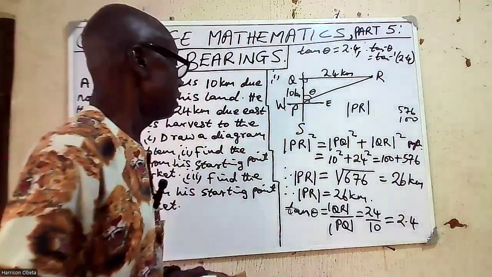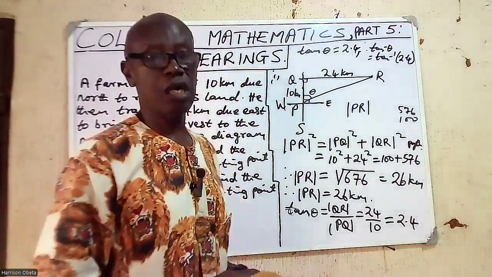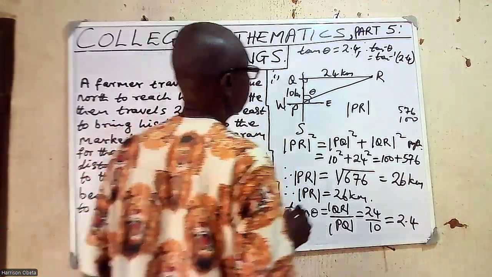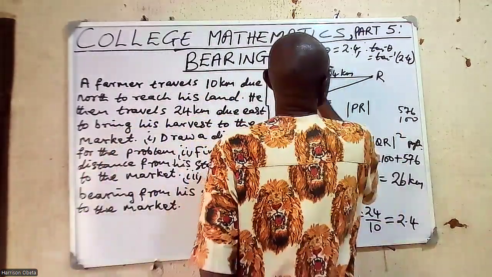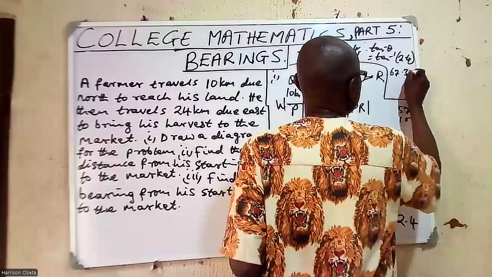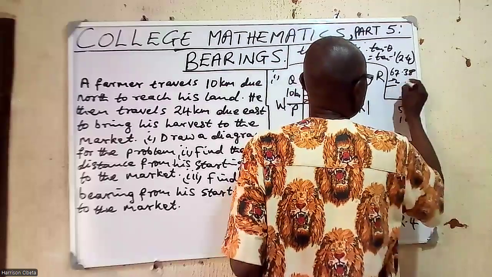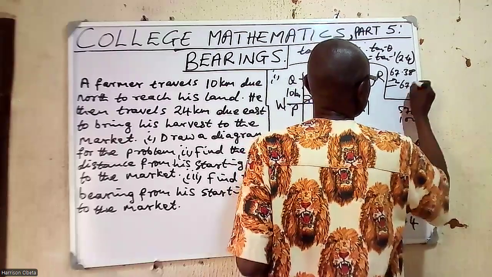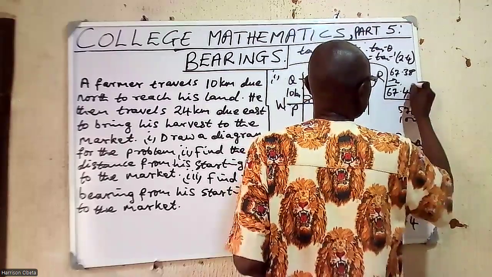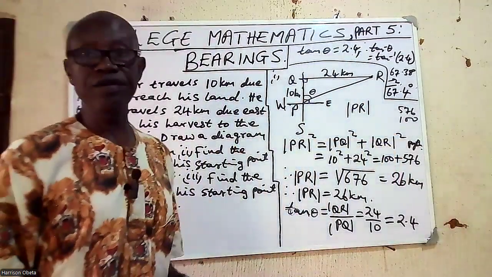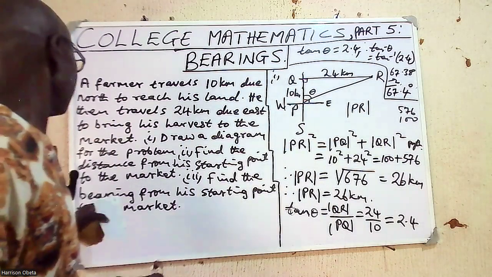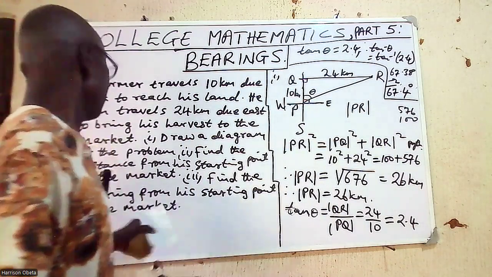Check this from either the formula table or your calculator, and that will give us 67.38 degrees, which is approximately equal to 67.4 degrees. And that is the bearing of the farmer from the starting point to the market.